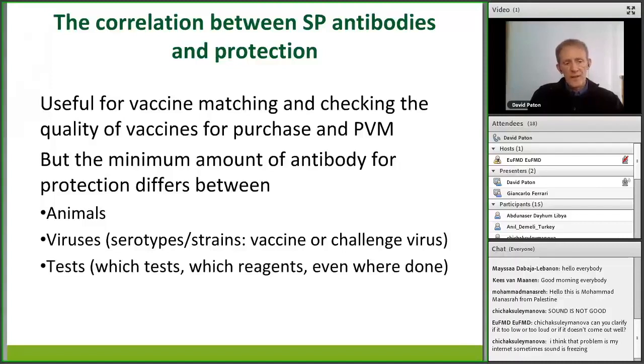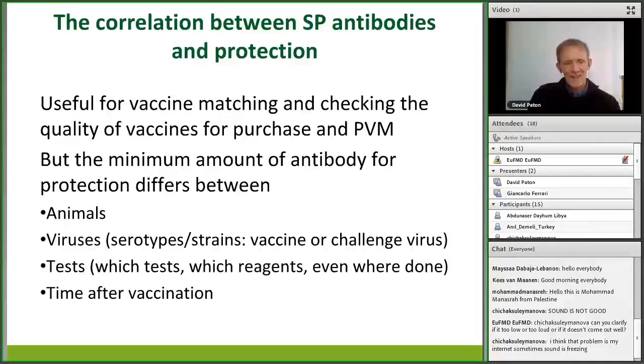And as we say, the tests and which reagents you include in them, whether you include the homologous reagents or the heterologous reagents, will give you a different result because there are antigenic differences between the viruses. And also for some tests, such as the virus neutralization test, the test is itself not that reproducible between different iterations of the same test. So all of this can lead to variability and a difficulty in interpretation.